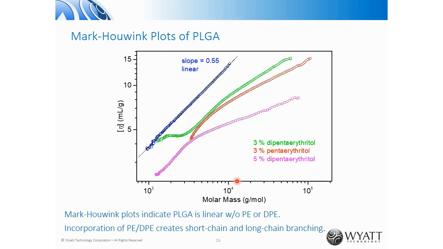Then we have 3 PLGA samples containing different amounts and 2 different types of branching agents. And the technique proves the presence of branched molecules, and it can also differentiate different degrees of branching. The sample in green is, in this case, less branched. On the other hand, the sample in magenta is the most branched polymer in the investigated series.